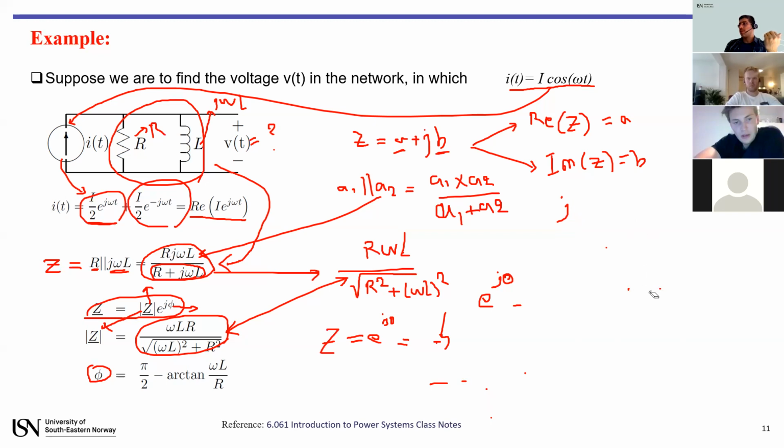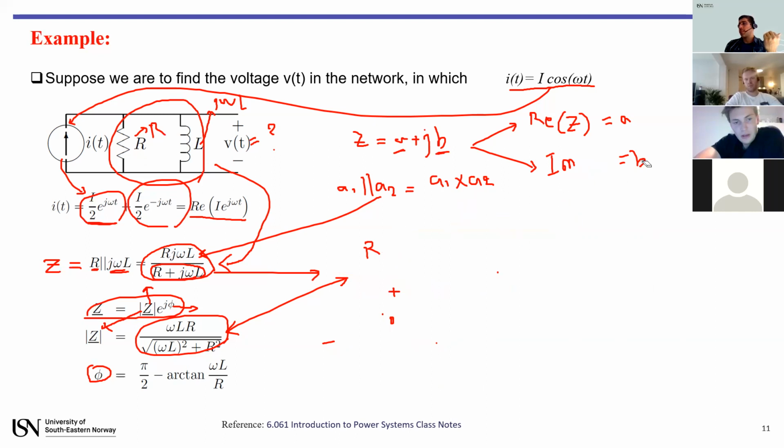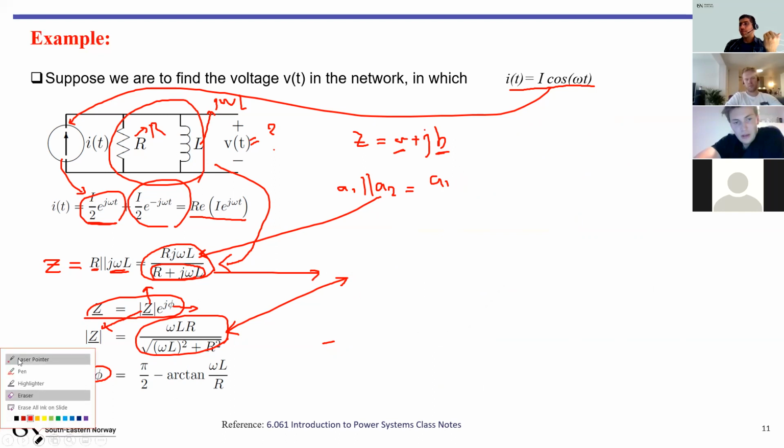And maybe it can be interesting for you to show in the complex plane. You know, when I say E J0, it's 1. Its amplitude is 1.